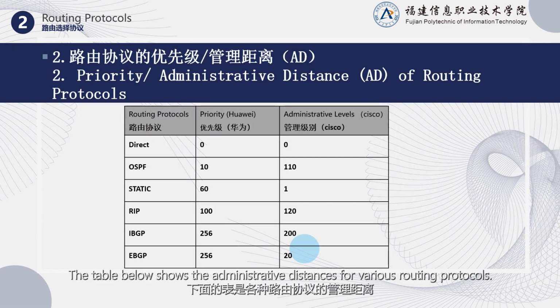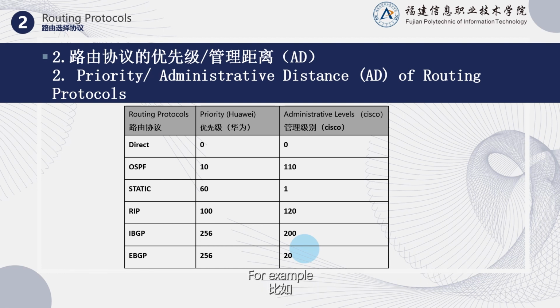The table below shows the administrative distances for various routing protocols. For example, for the OSPF routing protocol on Huawei routers, its administrative distance, also known as the route priority, is 10. While on Cisco routers, its administrative distance is 110.